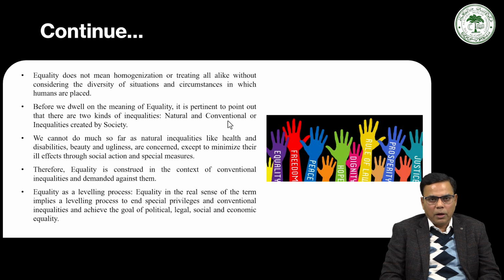Similarly, a ceiling is imposed by the government so that a person cannot hold land beyond a particular limit. The zamindari system, landlordism and feudalism were abolished because they were creating inequality in the society. So that is also a kind of leveling process.